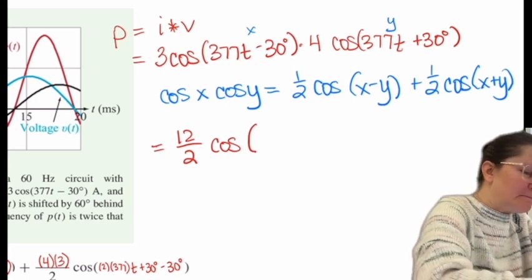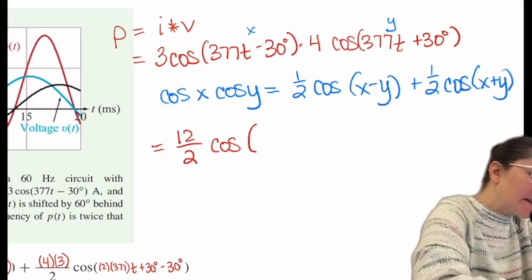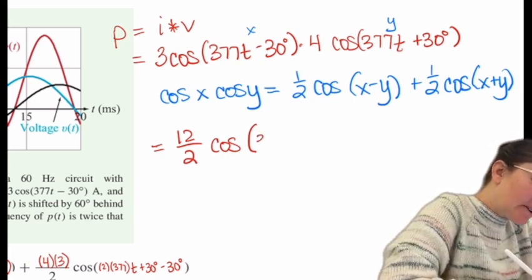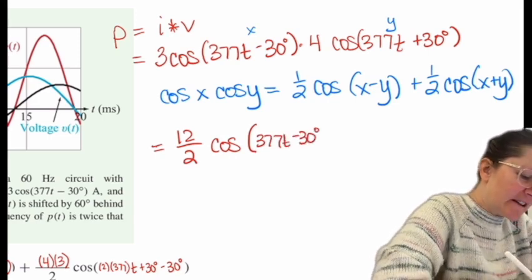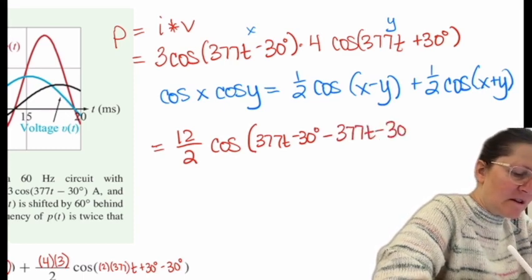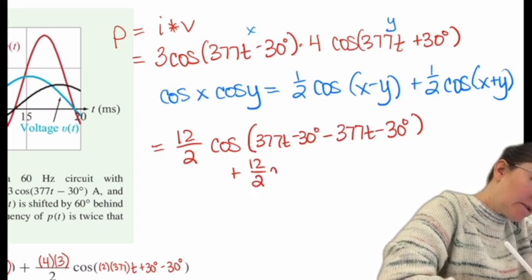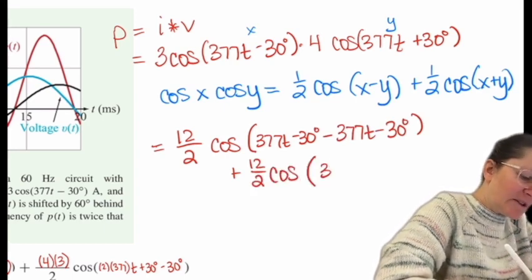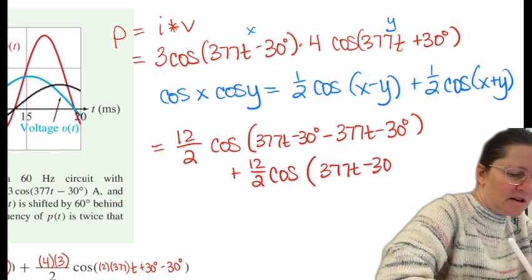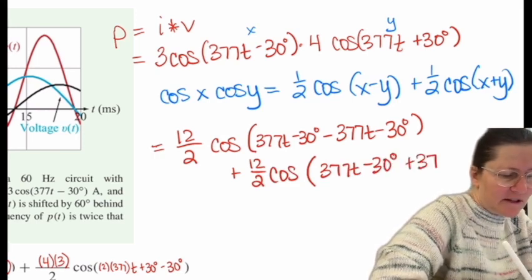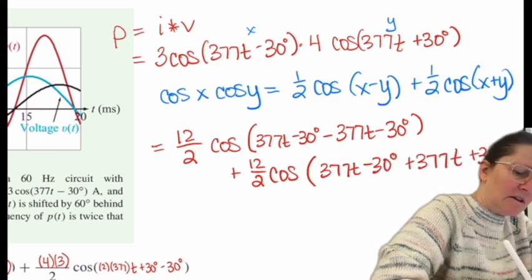Okay, so this becomes 377t minus 30 degrees, which is x, and then a minus y. And then 12 over 2 cosine, and then x again, 377t minus 30, plus the 377t plus 30.